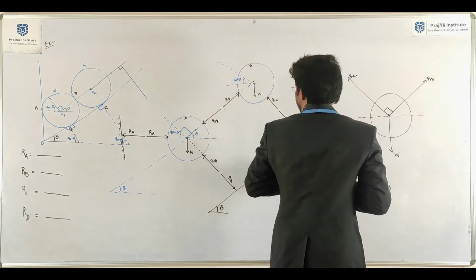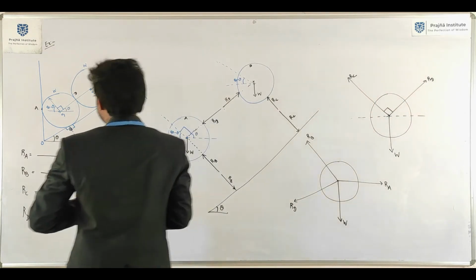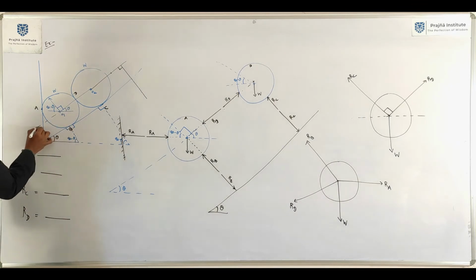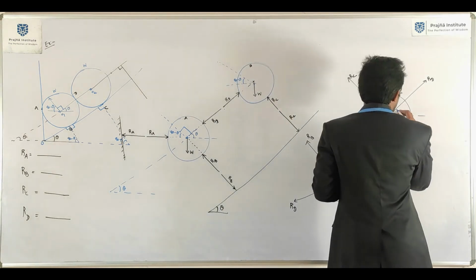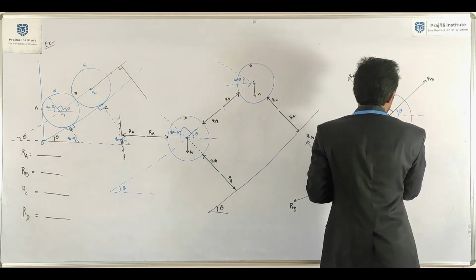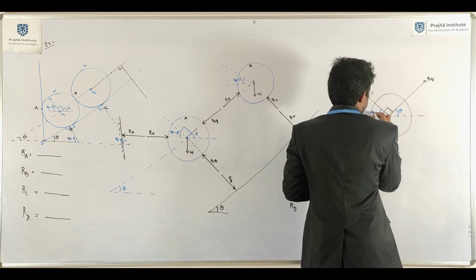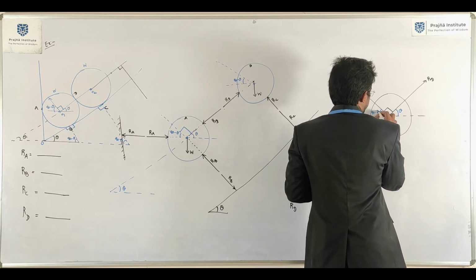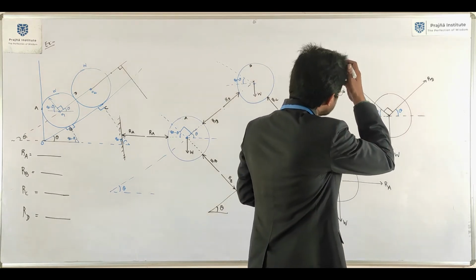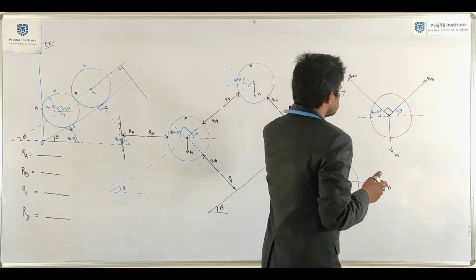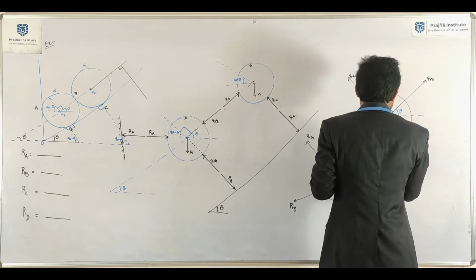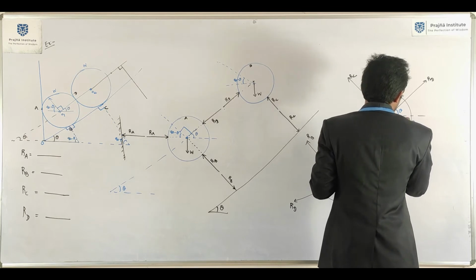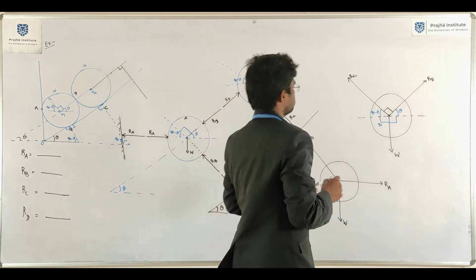So RD is making an angle theta with the horizontal. From here to here, 90 minus theta, correct na? Here this particular thing will be 90, so this will be 90, pakka.